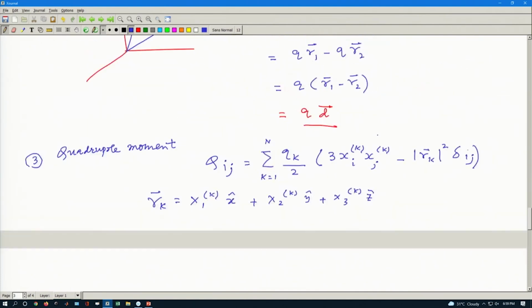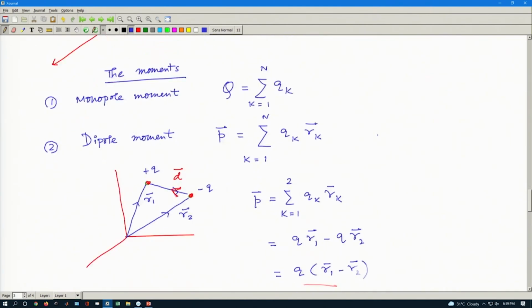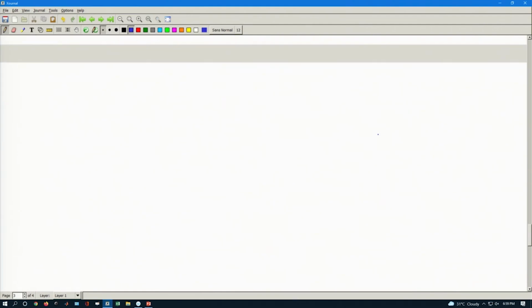Now, we will write down what happens for continuous charge distribution.